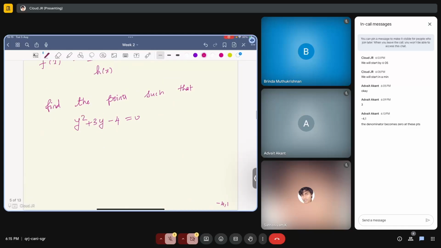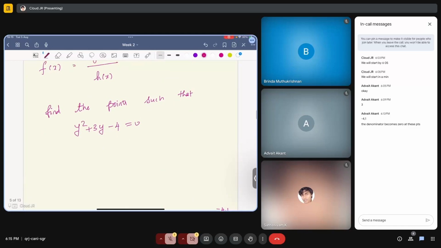Okay, so to find the root, you just apply the formula, which is minus b plus or minus square root of b square minus 4ac by 2a. So you just apply the formula. You will get minus 3 plus or minus square root of 9 minus, this is minus 4 and 1, which is plus 16, I think, by 2.